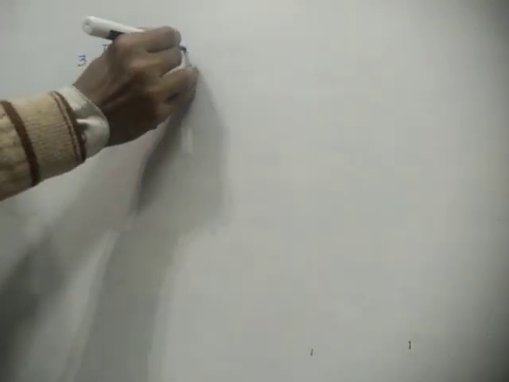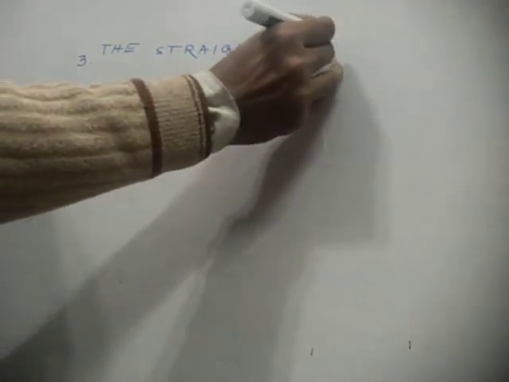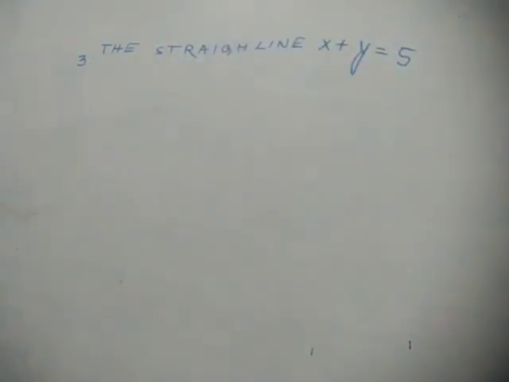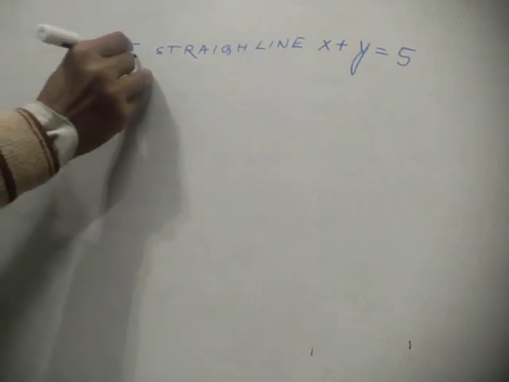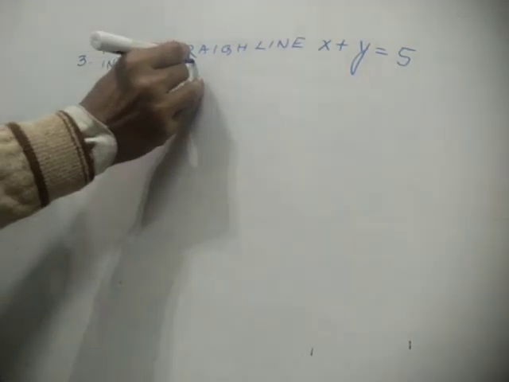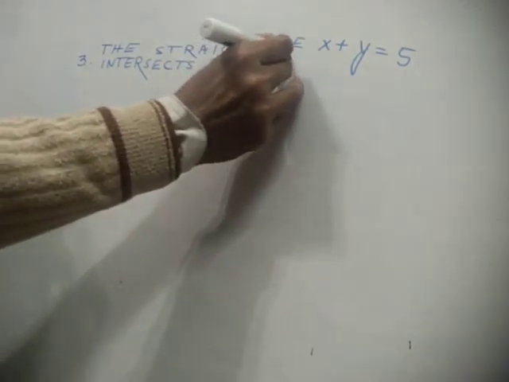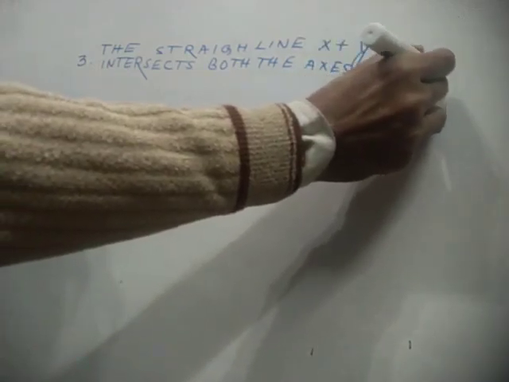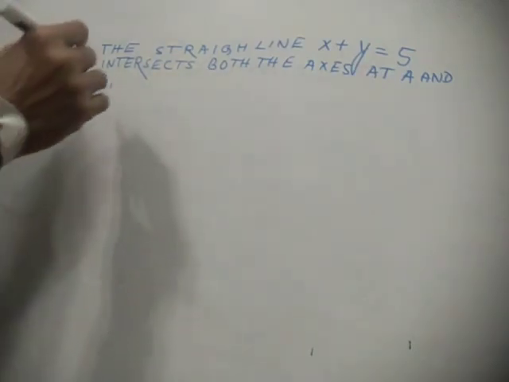Now we'll go to the next sum. Next sum, the question is: given the straight line x plus y equals 5, intersects both the axes, meaning coordinate axes, at A and B, then the equation of the circle whose diameter is AB is, option A: x square plus y square minus 5x minus 5y minus 3 equals 0.